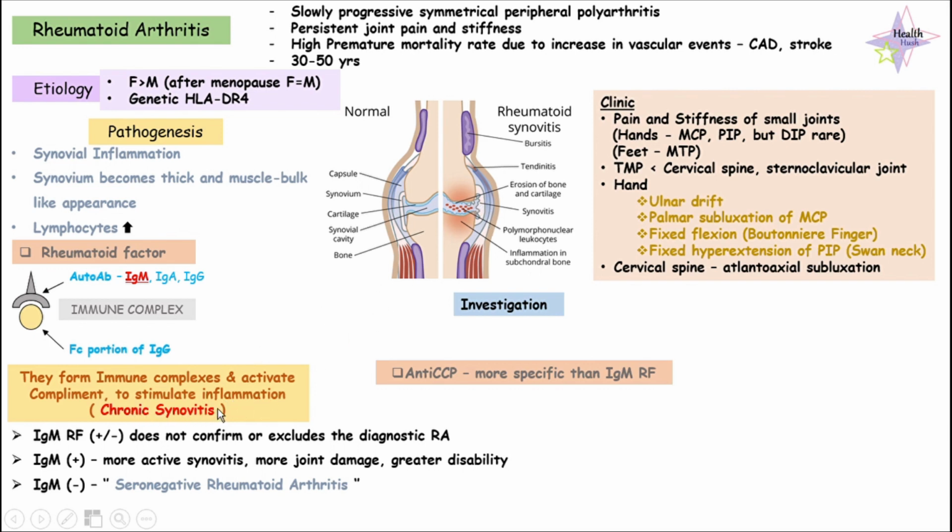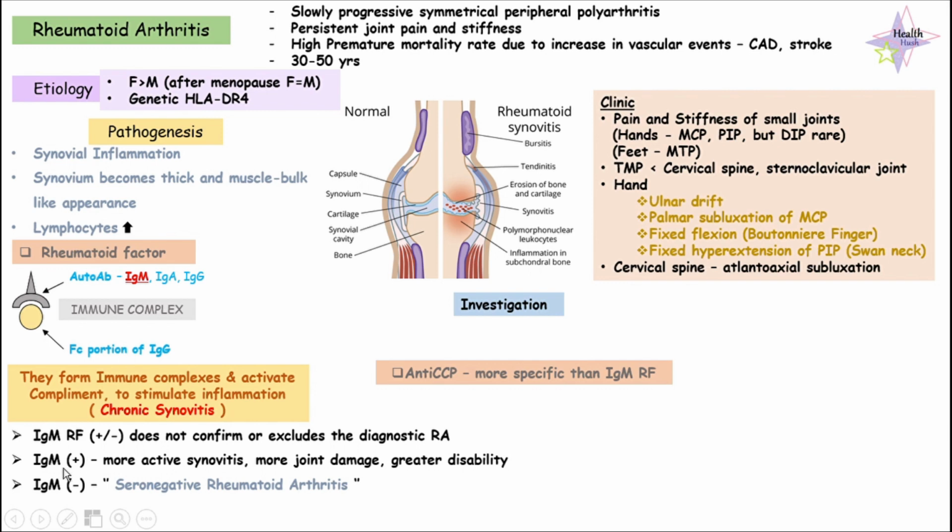chronic synovitis. So with this rheumatoid factor, mostly when we do the test, we check autoantibodies of IgM against the Fc portion of IgG. So this IgM rheumatoid factor could be positive or negative. It being positive does not confirm the diagnosis, as well as it being negative does not exclude the diagnosis.